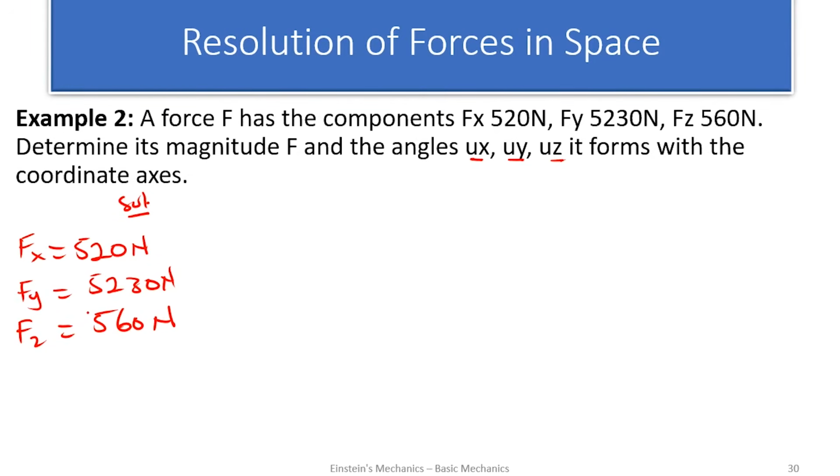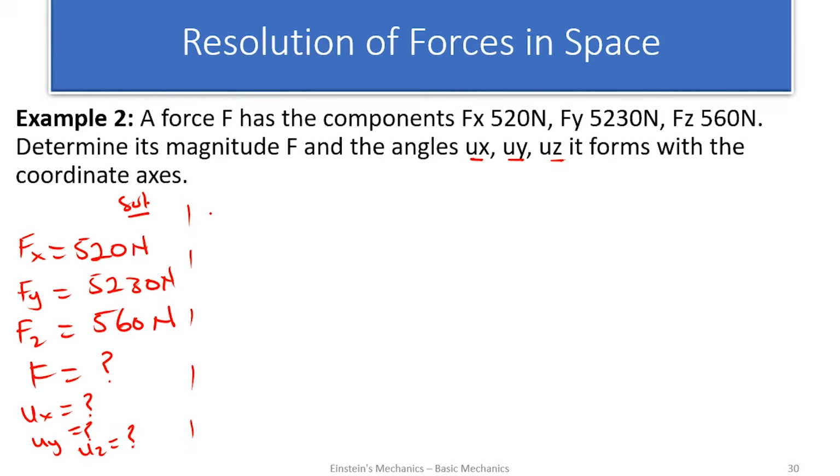With this, we are to find the magnitude, the original F. And this ux, uy, uz are the angles, which is the same as theta x. But here we are using ux, uy, and uz as our angles.